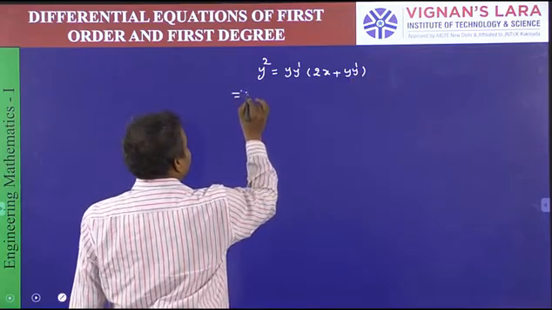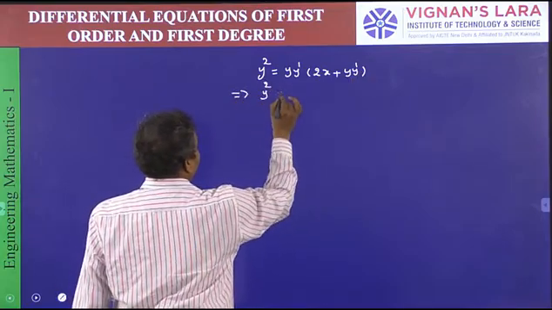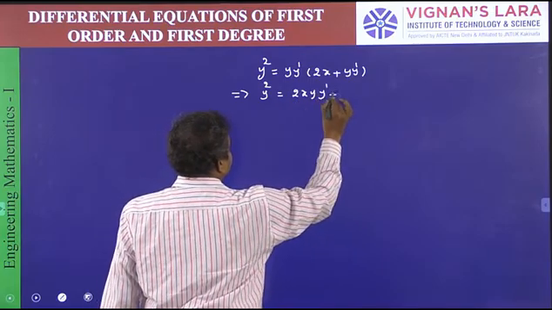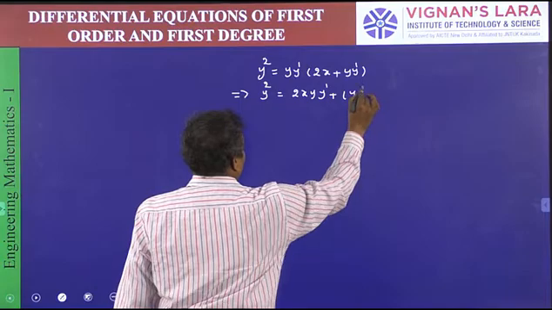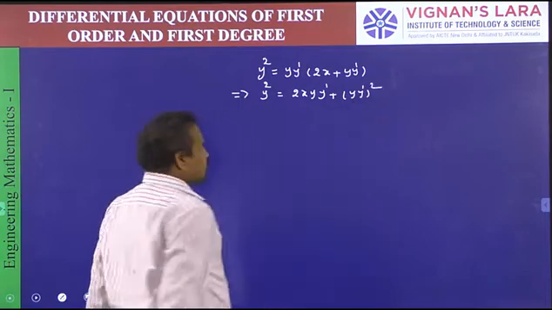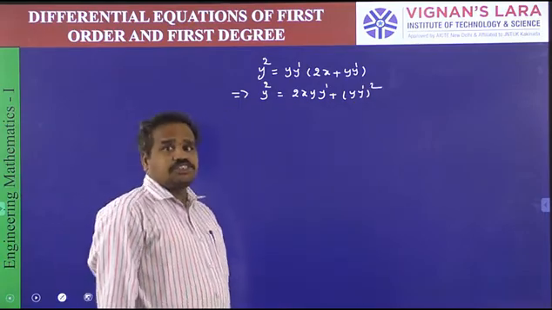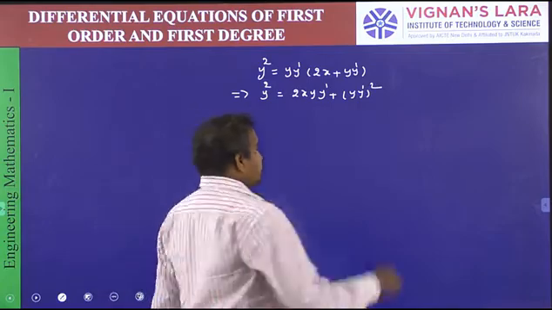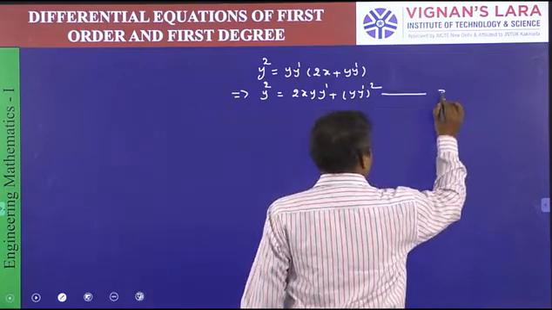Now multiply inside. Y square is equal to 2x y dash plus y dash whole square. So this is the required differential equation of the given family, and here there is no arbitrary parameter. Let it be 3.